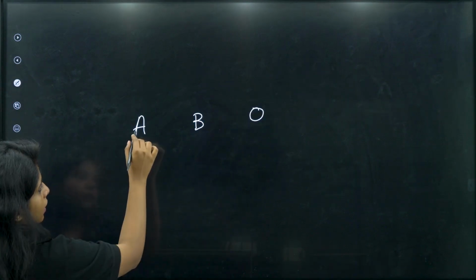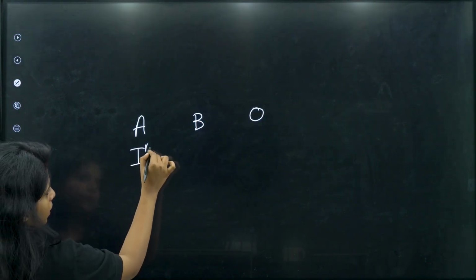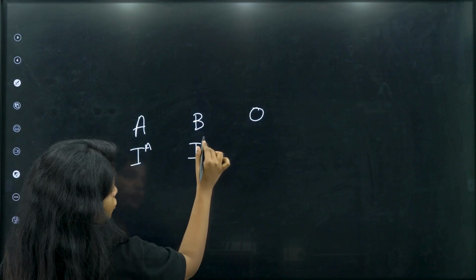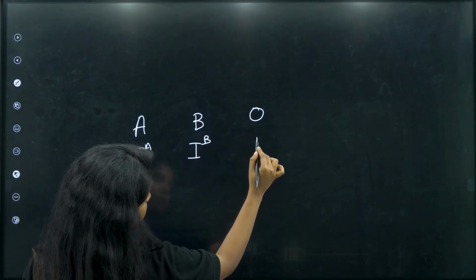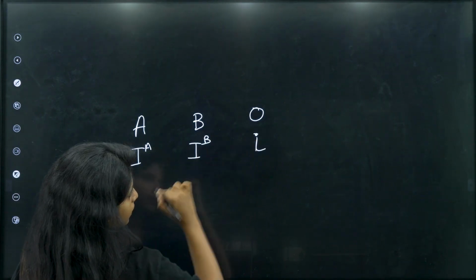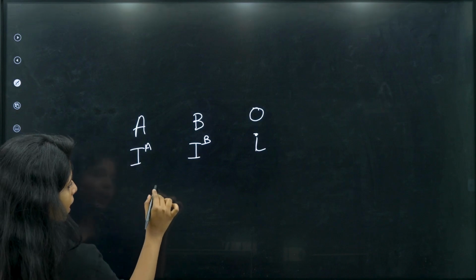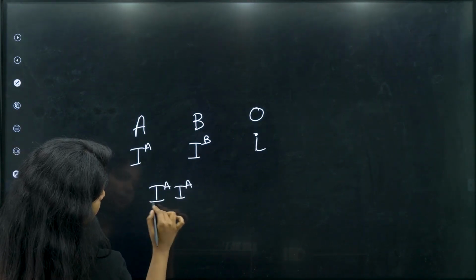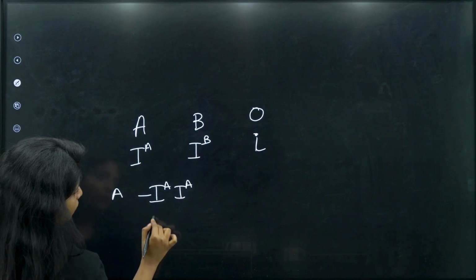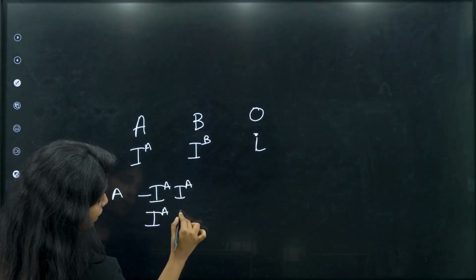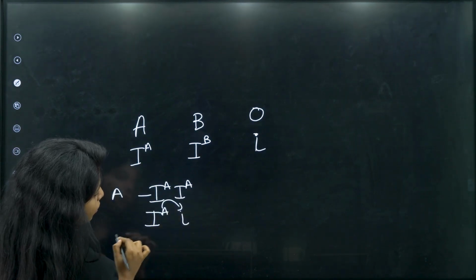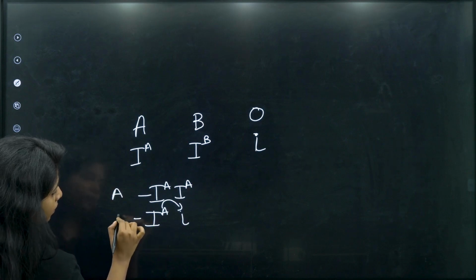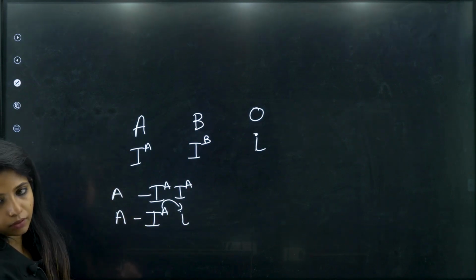This is explained by the I gene. When there are 2 copies of IA, the blood group is A. When there is IA and i, A is dominant over i, which is why again it will be A blood group only.